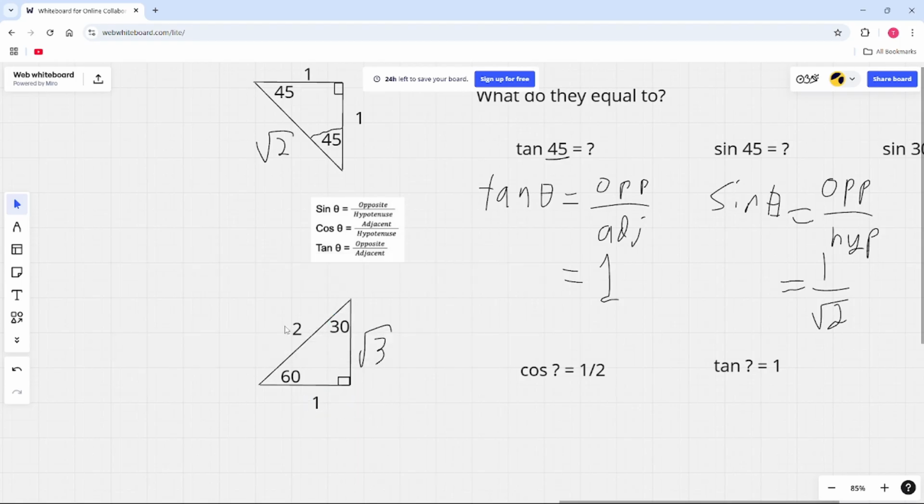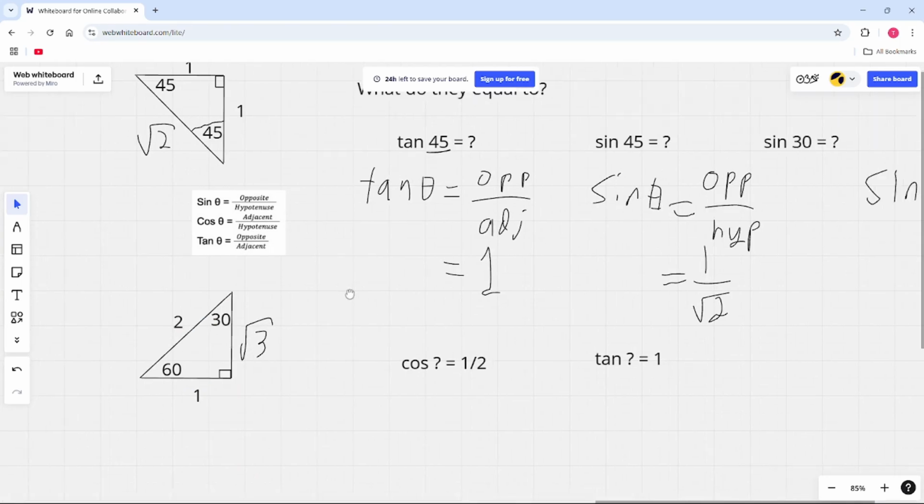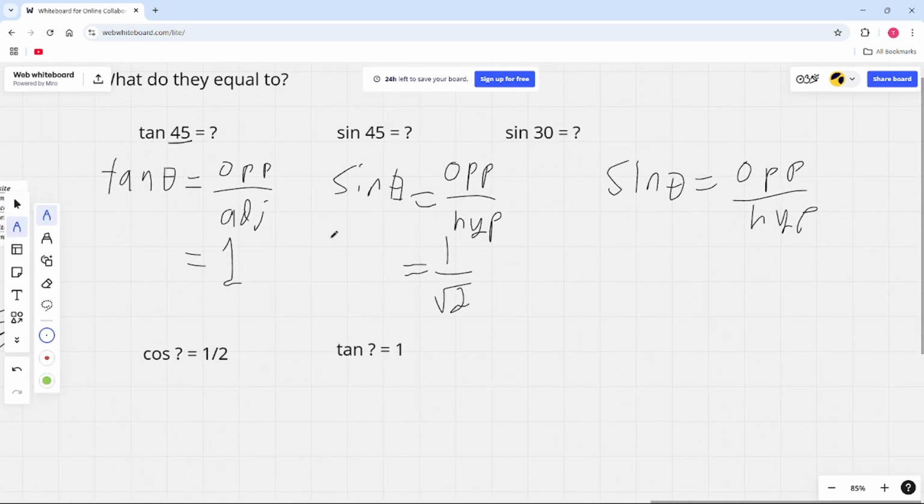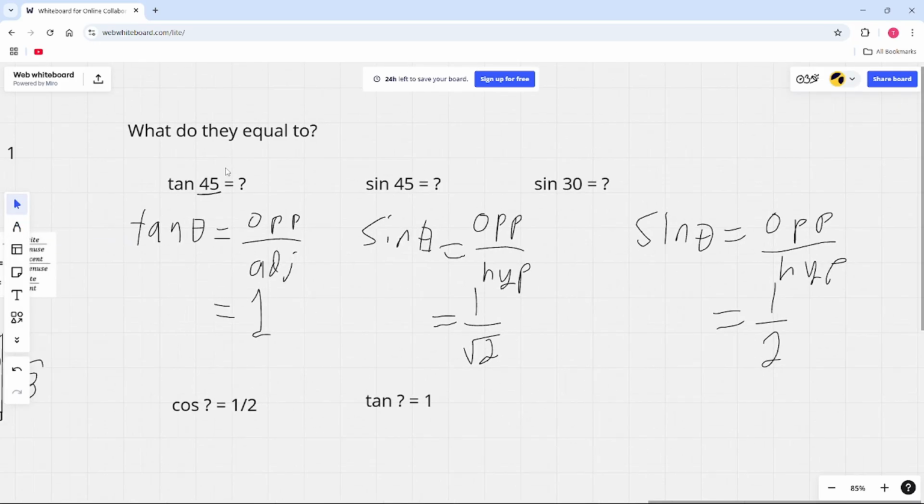And our hypotenuse is 2. So essentially, sine 30 is equal to 1 over 2. Now you can obviously put all of these angles into your calculator, such as if we put sine 30 into our calculator in degree mode, we will get 0.5, which is 1 over 2.